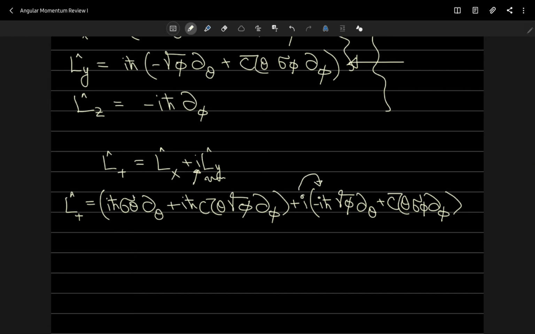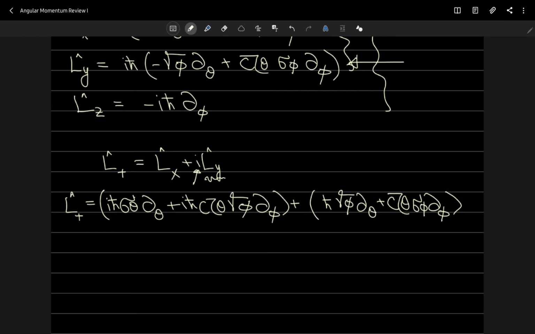So now we could just multiply this iota in, and iota times iota is -1, and we have this -1 over here. So what happens is it becomes positive, right? So that's what you have now.